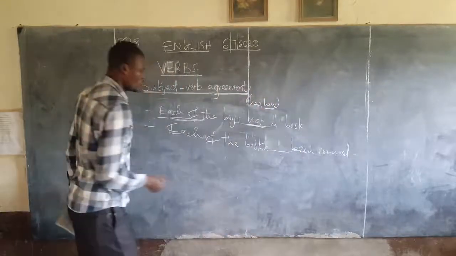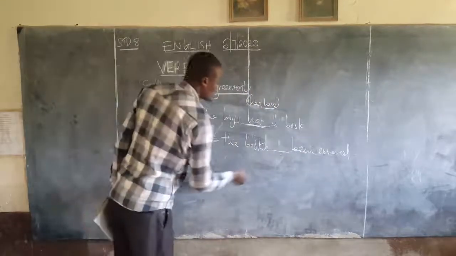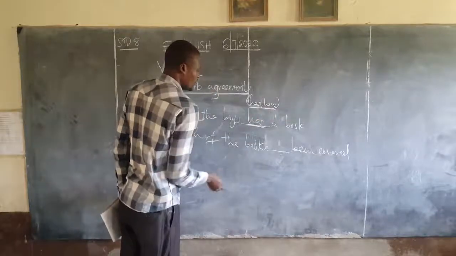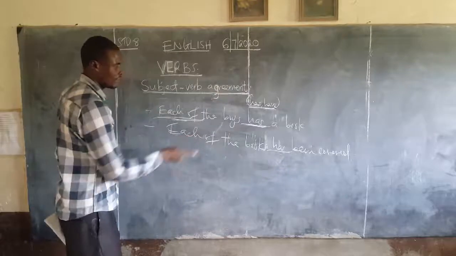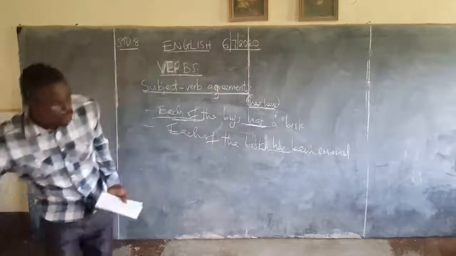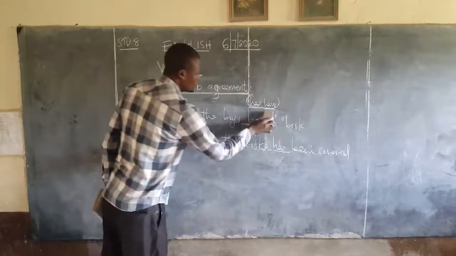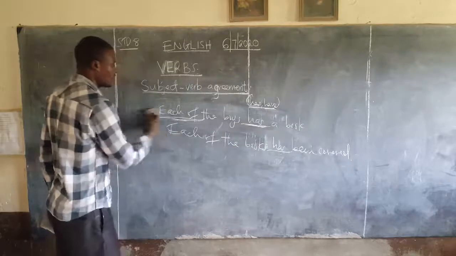So do we say each of the books has been covered or have been covered? Each of the books has. So now take that into consideration. When each is used, remember we use a singular verb.